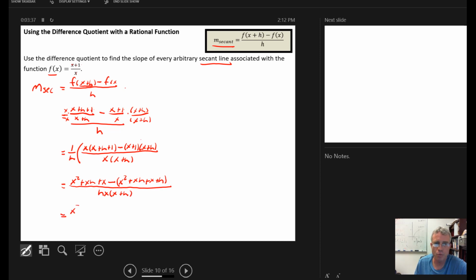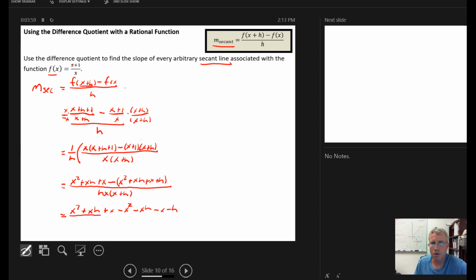And now I can distribute this minus into the parentheses. So I get x squared plus xh plus x minus x squared. Minus plus is minus xh. Minus plus x is minus x, and minus plus h is minus h.